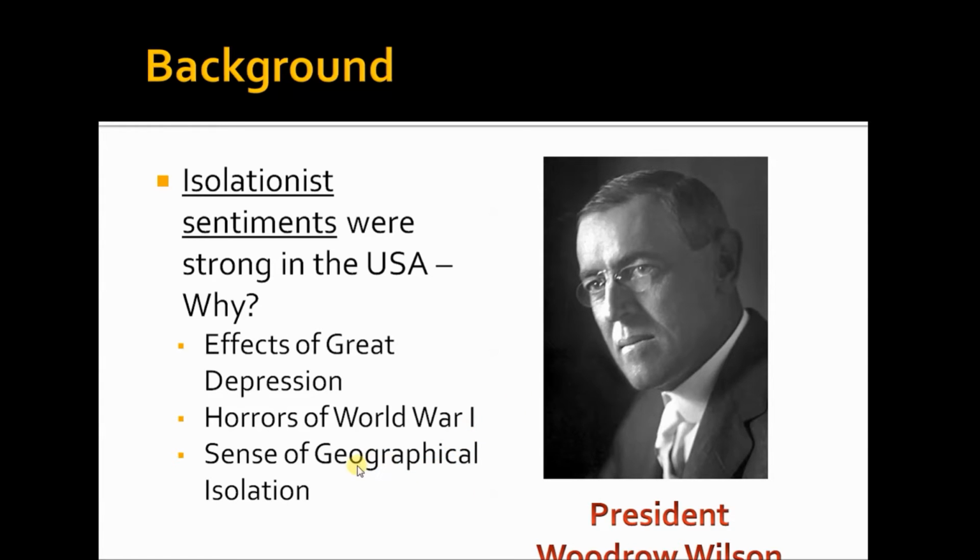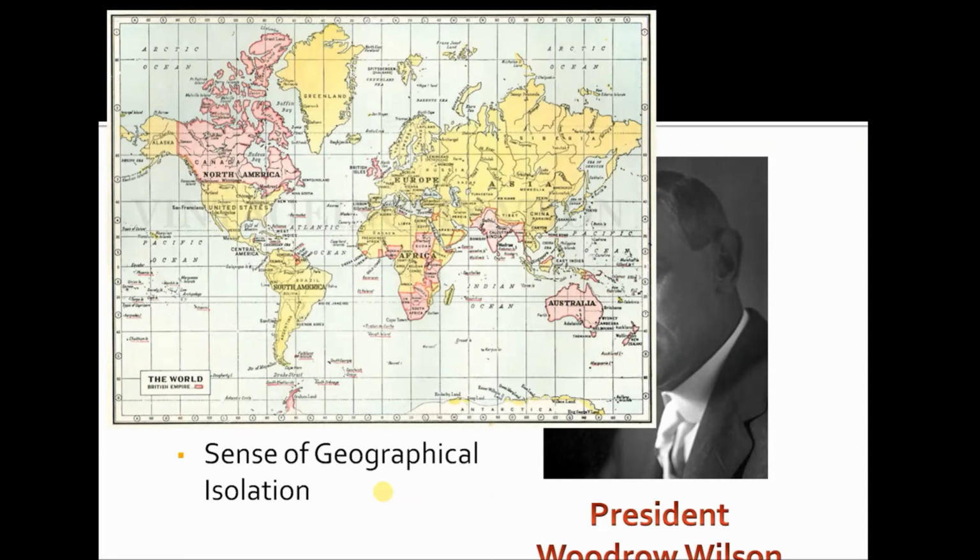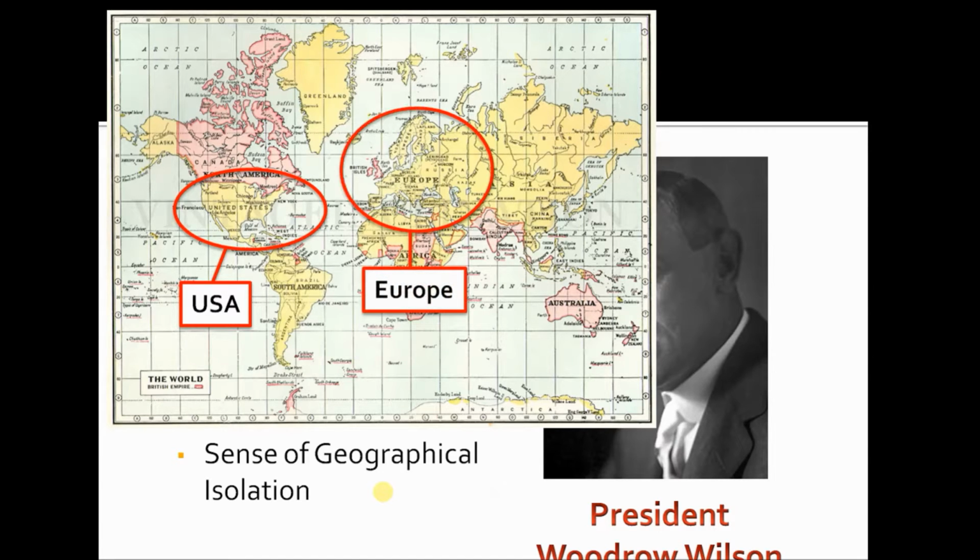Anyway, thirdly, there also is a sense of geographical isolation. Now, this means that if you look at this map, you can see this is the US, and where most of the action was going on, Europe is all the way over there, and they are separated by the Atlantic Ocean. Okay, so the US felt that, well, that's all the stuff over there, why should we get involved?